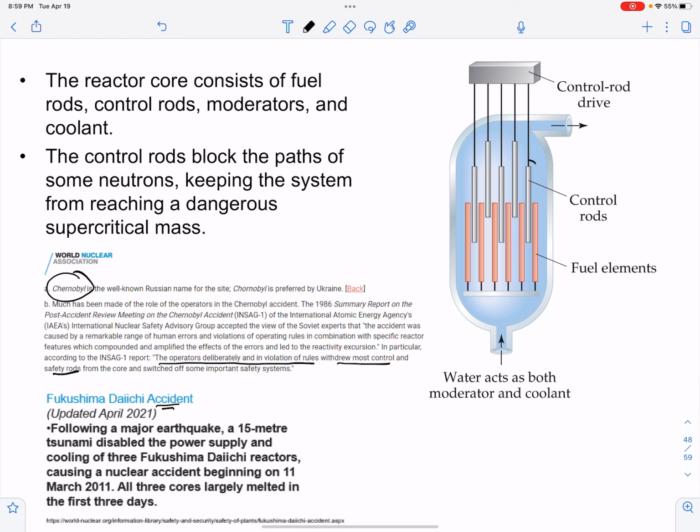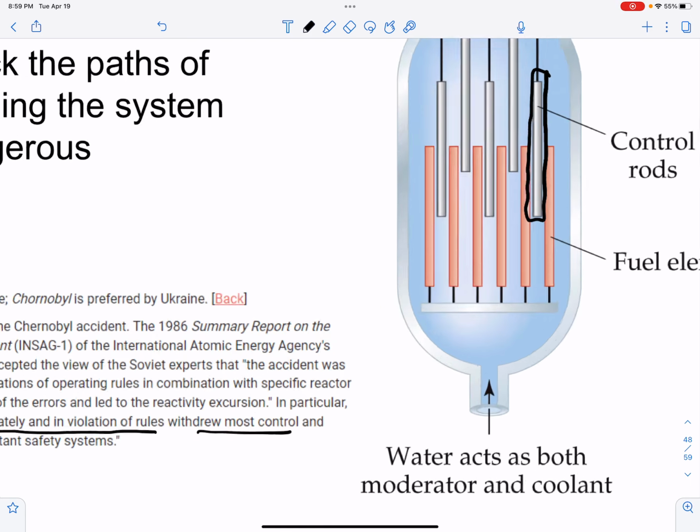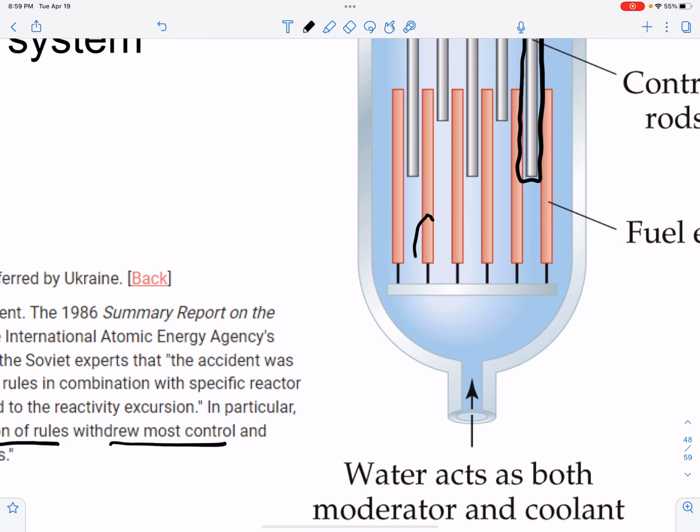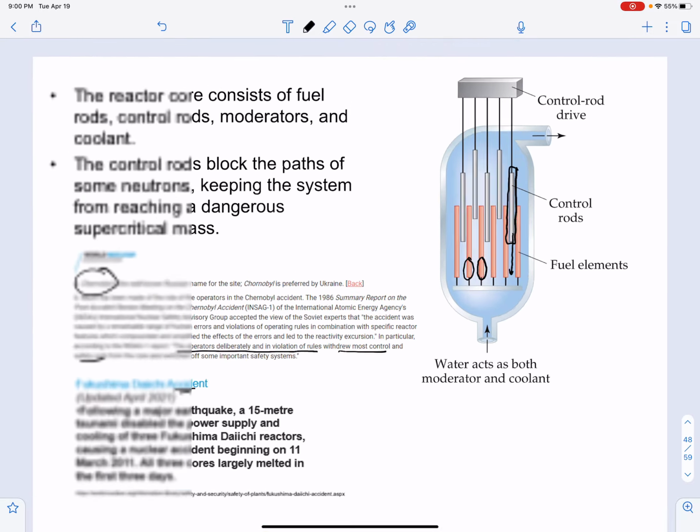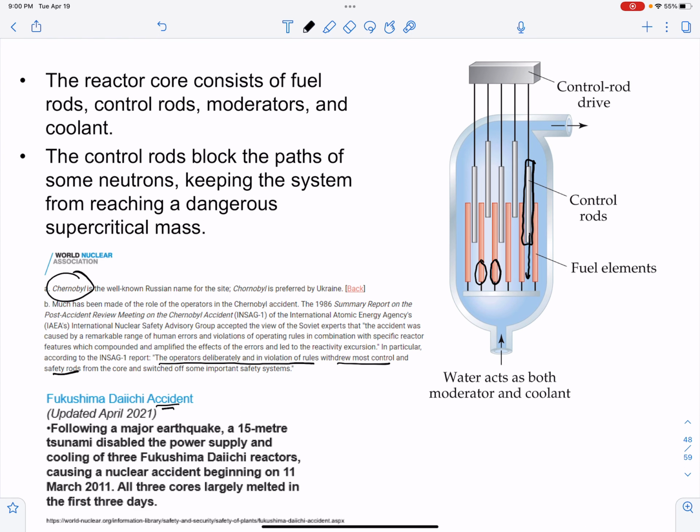So they removed these control rods, which are designed to go in between where the uranium is generating energy. So these rods go in between and prevent the movement of neutrons into the uranium to keep bombarding the uranium. So basically the reaction got out of control, too much heat at the same time, and it melted down the reactor, in a very simplified way.